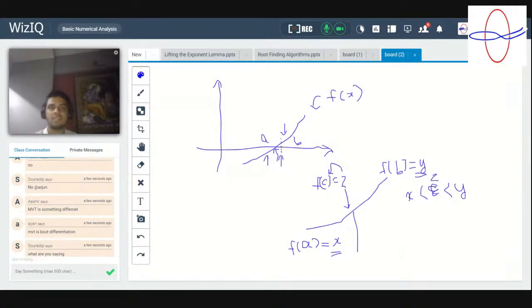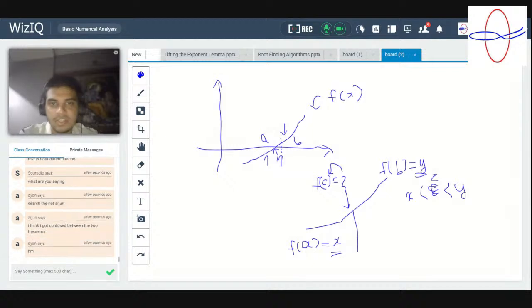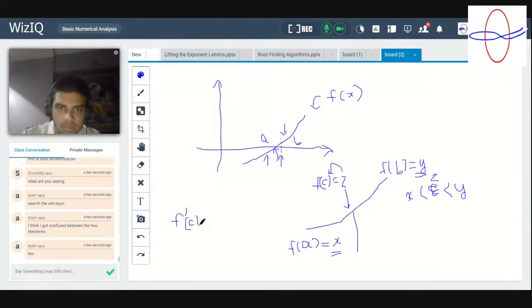Mean value theorem is about differentiation. It goes something like this, but instead of f of c equal to z, you have f dash c is equal to y minus x upon a minus b, if I'm not wrong.